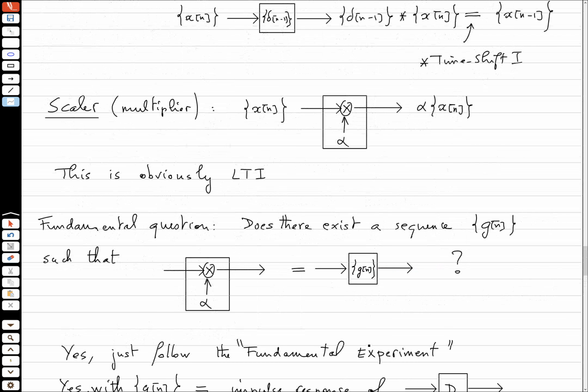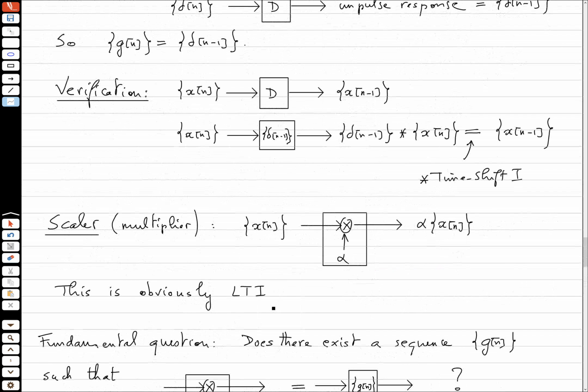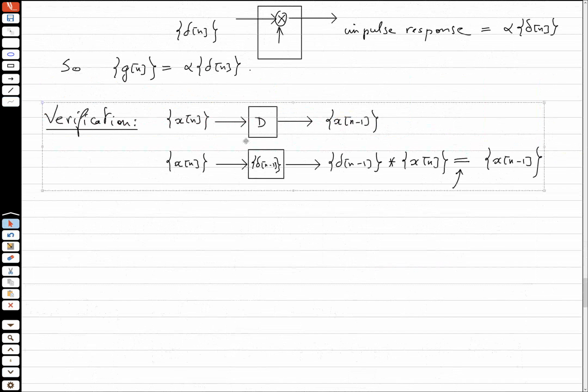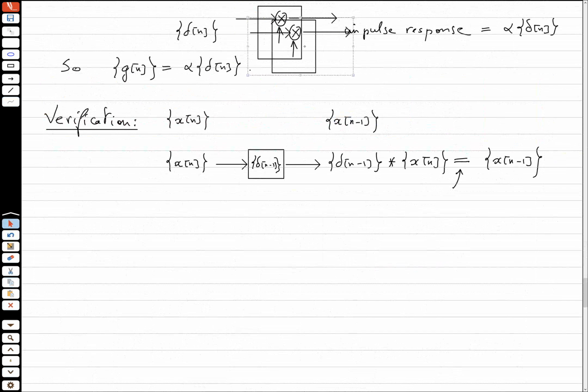So the verification is that you input the same input to these two systems.